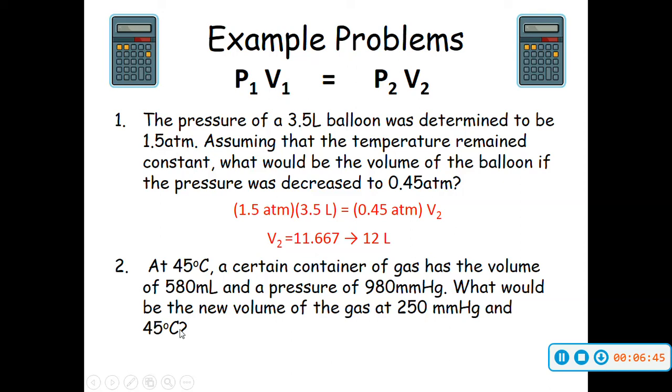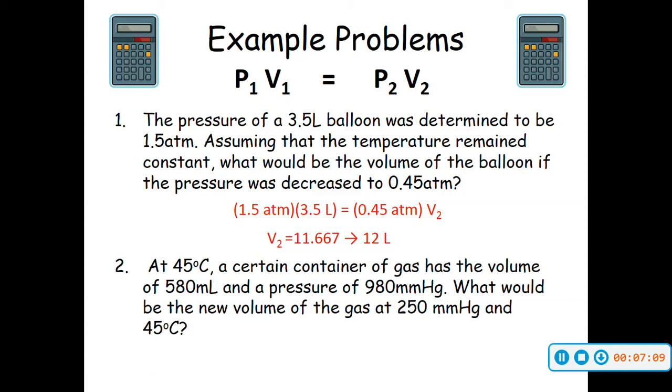But I will tell you this now. A lot of the gas laws that we're going to be looking at have an initial temperature, final temperature, initial pressure, initial volume. We're looking at variables that change. So for the fact that our temperature doesn't change, that means it's just extra information. We don't need this.